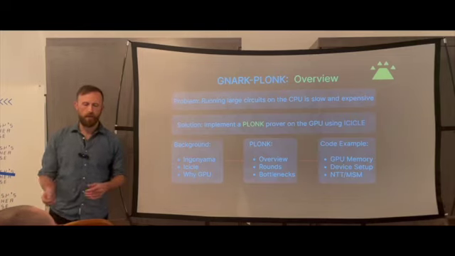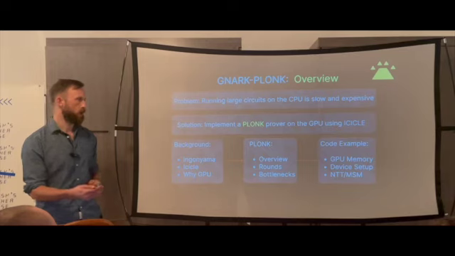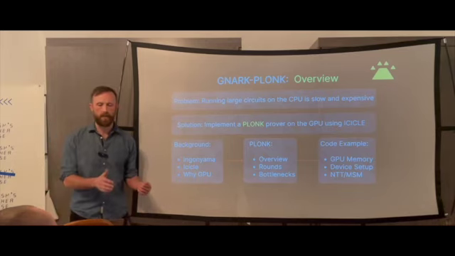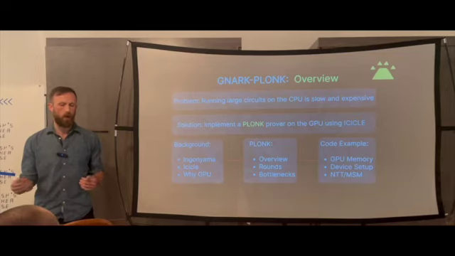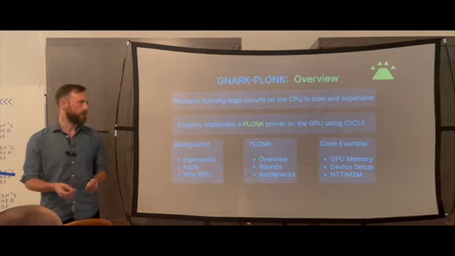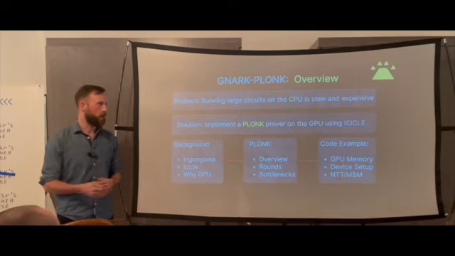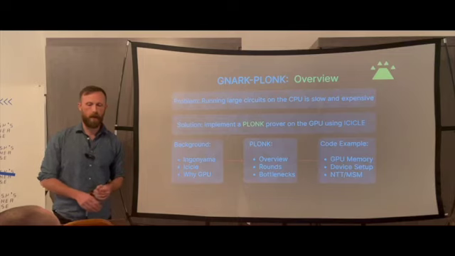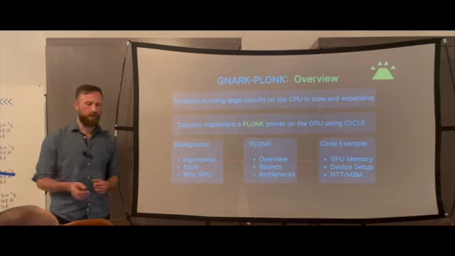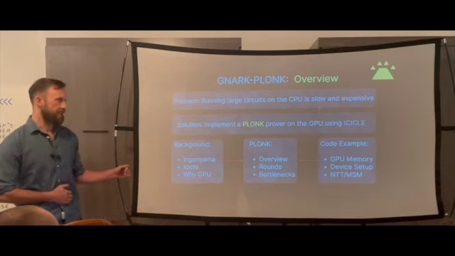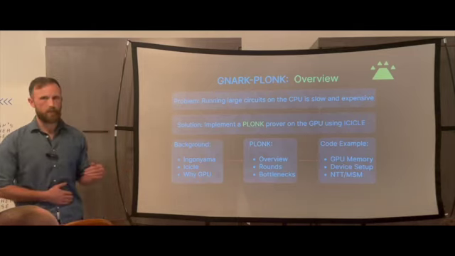We'll walk everybody through the actual rounds that happen in the protocol, and then we'll highlight what the bottlenecks are. And then finally, we'll do an actual walkthrough of the code and see how we accelerate the Plonk prover on the GPU using our Go Icicle bindings. So we'll talk a little bit about how we set up the device memory, how we set up the device itself, and then how we actually run the NTTs and the MSMs on device.